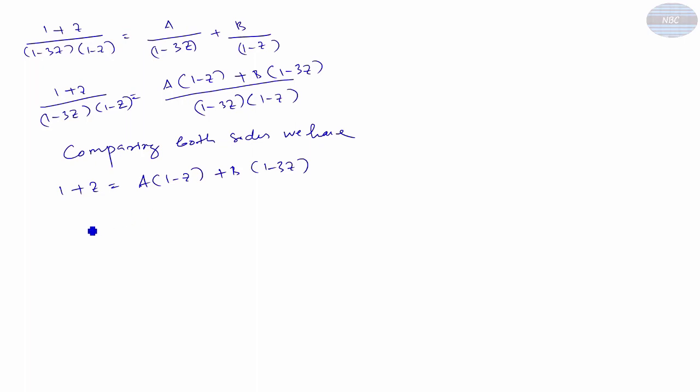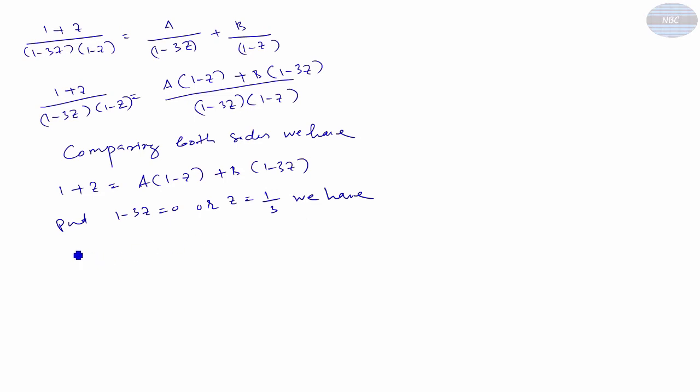Here we put 1 minus 3z equal to 0, or z is equal to 1 divided by 3.